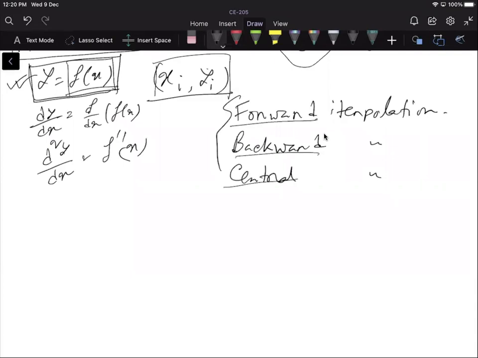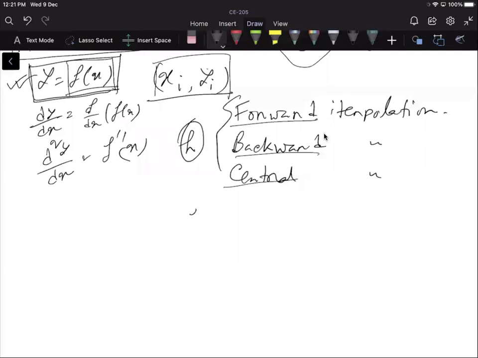If the x point you require is near the starting point of the data set, then we use the forward interpolation formula. If it is very close to the end point of the data table, then we use backward interpolation, and if it is in the central region, we use the central interpolation formulas. Another pattern we studied was the Newton divided difference interpolation formula or the Lagrange interpolation formula. Those are for x values that are not equispaced; the earlier ones are for equal steps h.